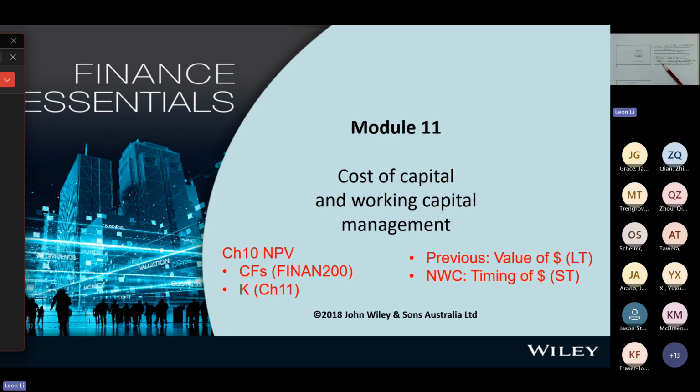Working capital management, on the other hand, our focus is the timing of the money. In finance, we not only focus on value of money, but also the timing of the money. For me, it's an interesting issue, because we want to receive our money as early as possible and delay our payment as late as possible.